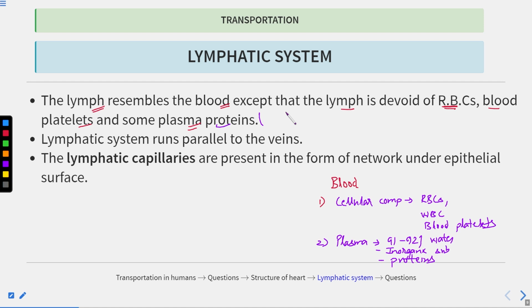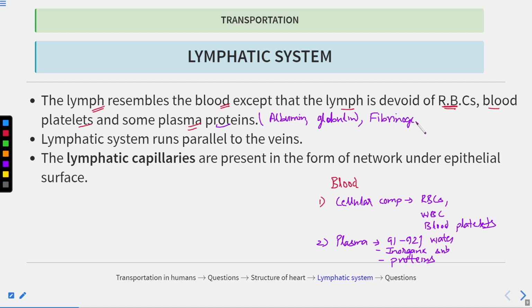What kind of proteins are present in the plasma? One of them is albumin. Then we have another protein known as globulin. Then there is one more protein known as fibrinogen, which is again involved in the blood clot formation.